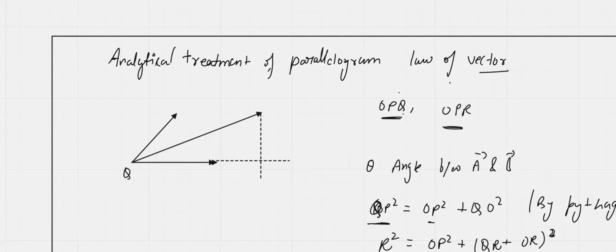The parallelogram law says that if you have two adjacent sides of a parallelogram, or if two vectors A and B, this is the A vector and this is the B vector, represent two adjacent sides of a parallelogram, then the diagonal coming out of the same node will give you the resultant of these two vectors. Is that what the parallelogram law says?